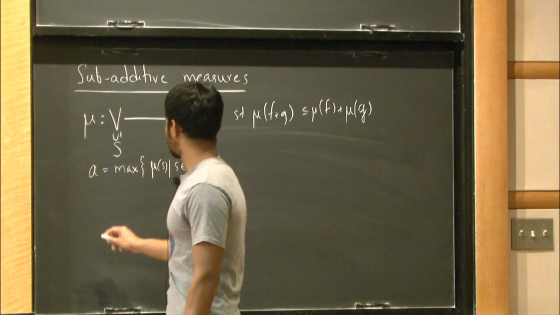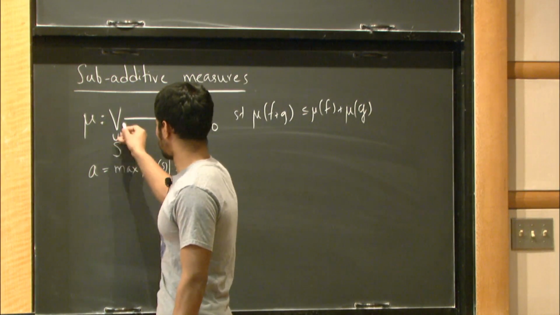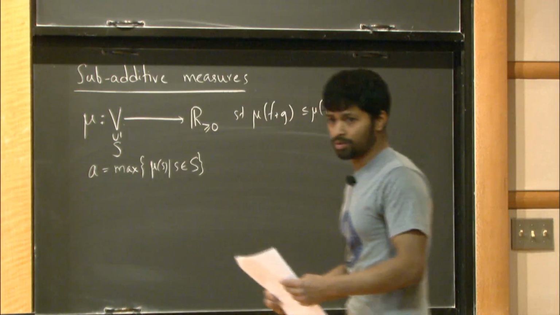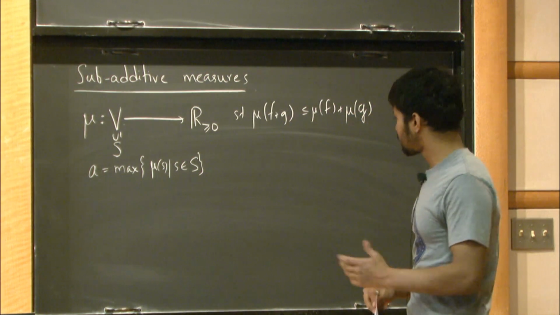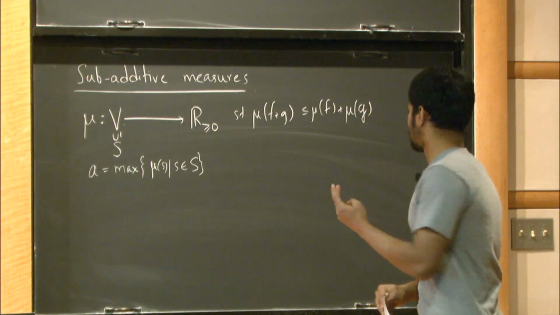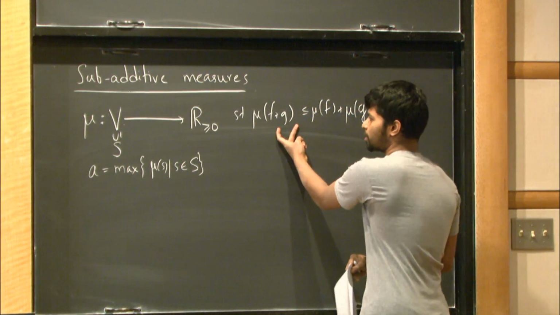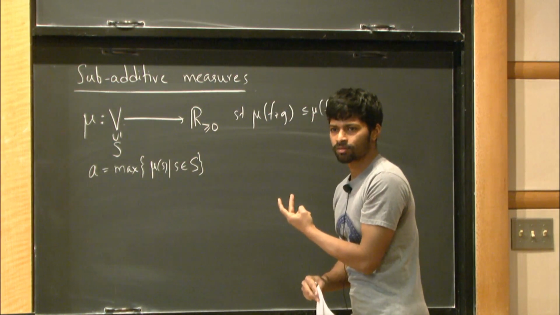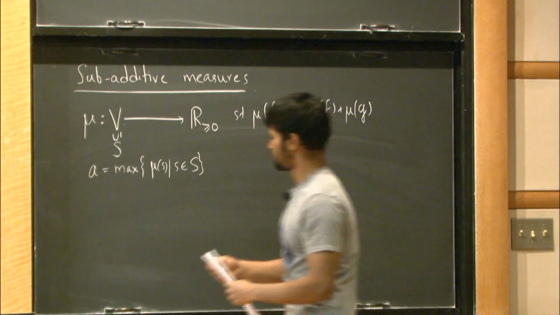So once you have this, now if you had something in here whose rank was 2, if you had something that was a sum of 2 simples, then subadditivity would tell you that its measure would be less than or equal to 2A. Correct?